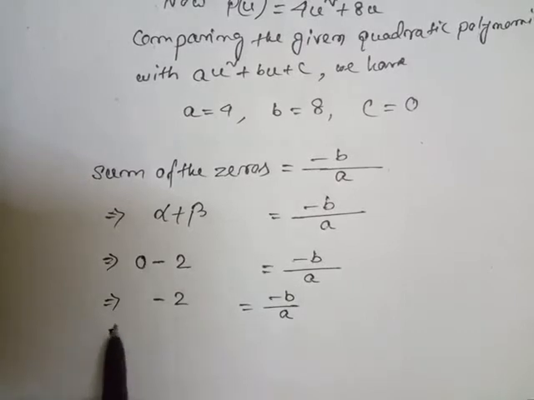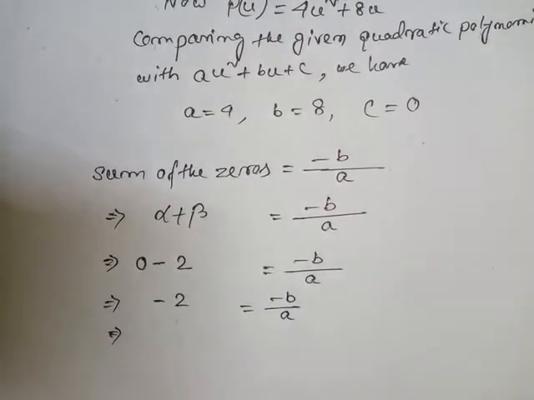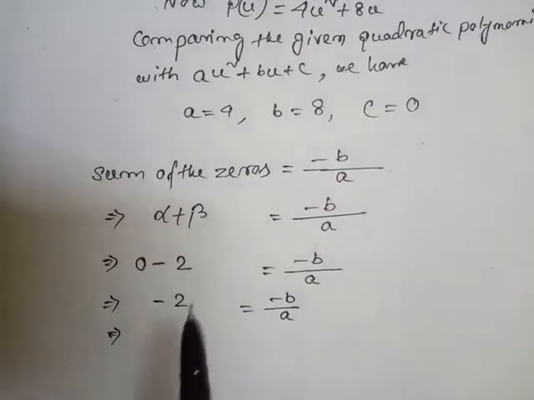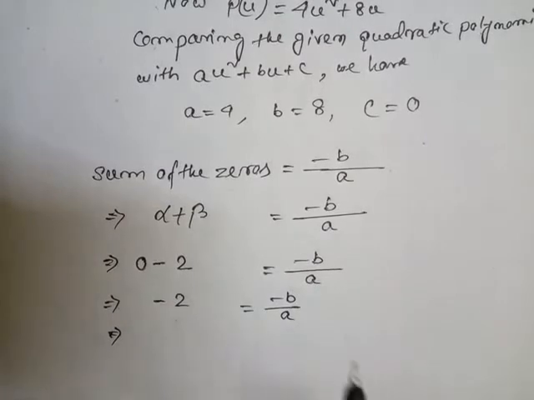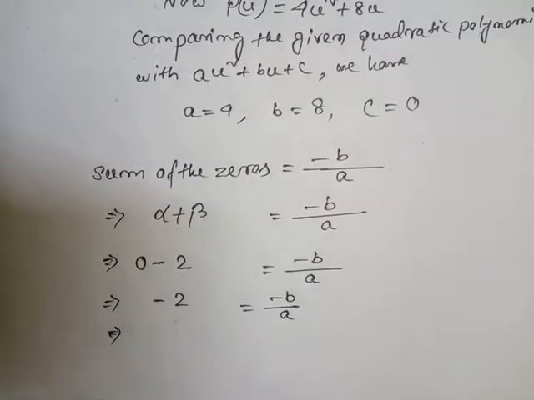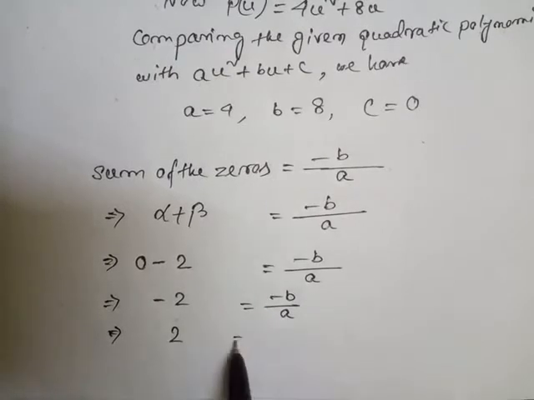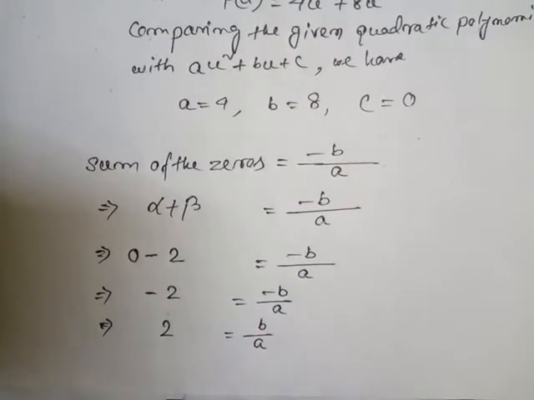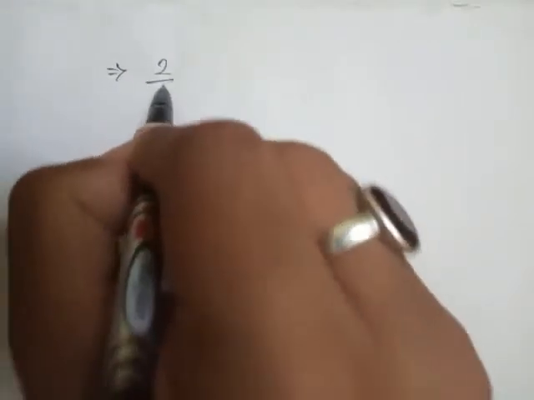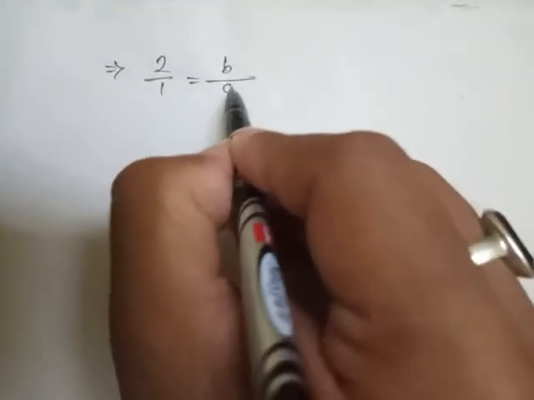but here we have got only 1. So we can do one more thing: if we multiply both the numerator and denominator by 4, it will be easy for us. Now minus and minus cancel. If minus and minus cancel, the next would be 2 by 1 equals b by a.